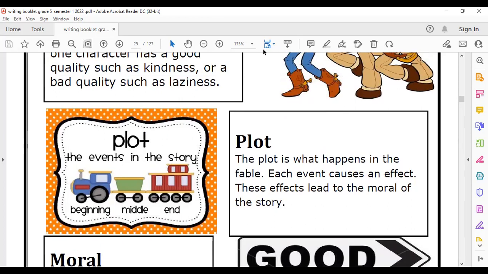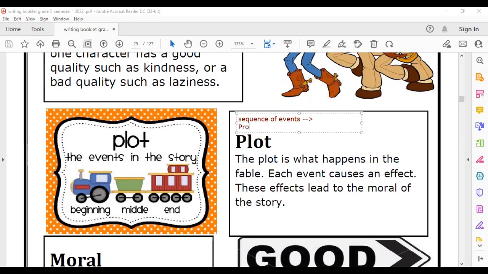Now, this plot, guys, is divided into many things. Okay, I need to write it for you so that you don't forget it. First is the sequence of events: the beginning, middle, and end. What happened first, then what happened next, then what happened third, and so on.